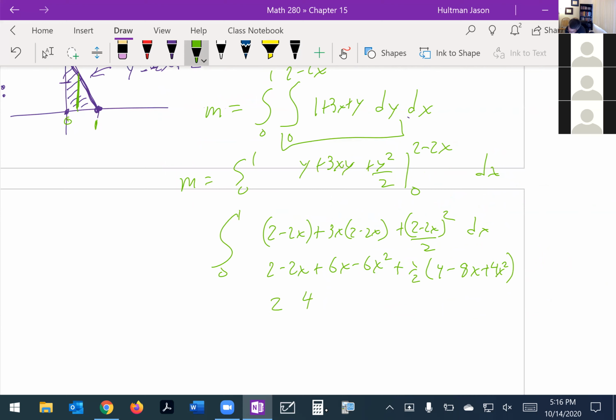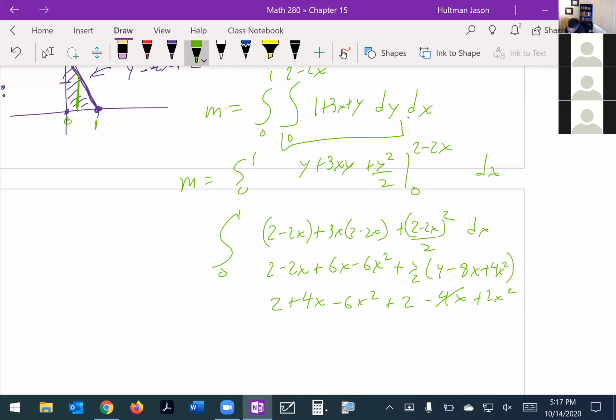This is going to be 4x minus 6x squared, plus 2 minus 4x, and then plus 2x squared, right?